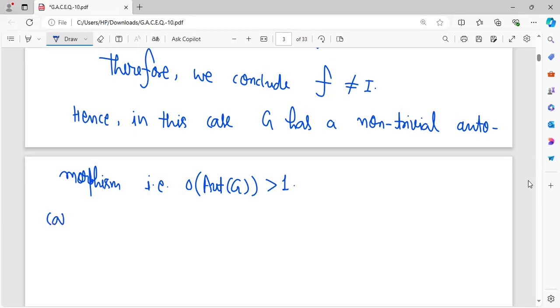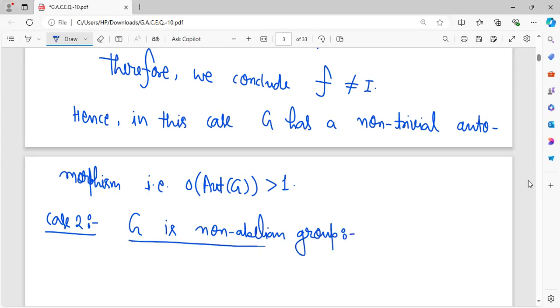So second case, we are taking case 2: G is a non-abelian group.